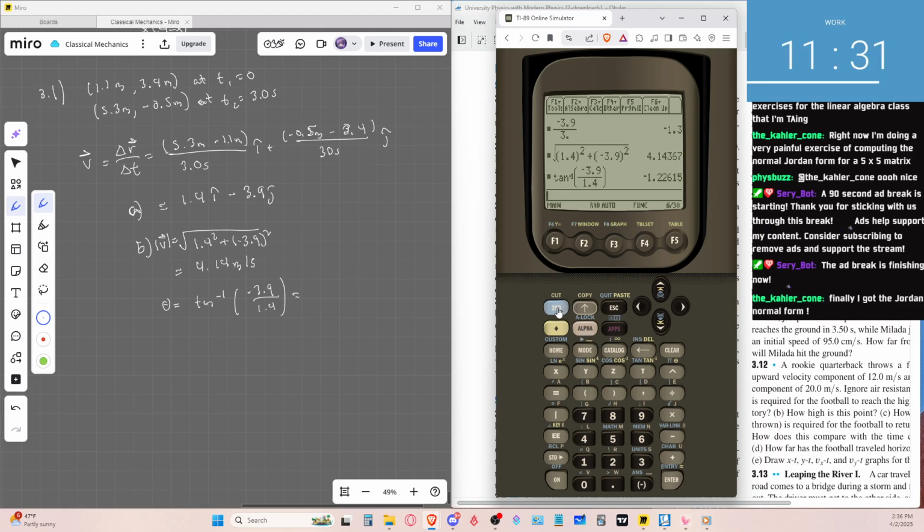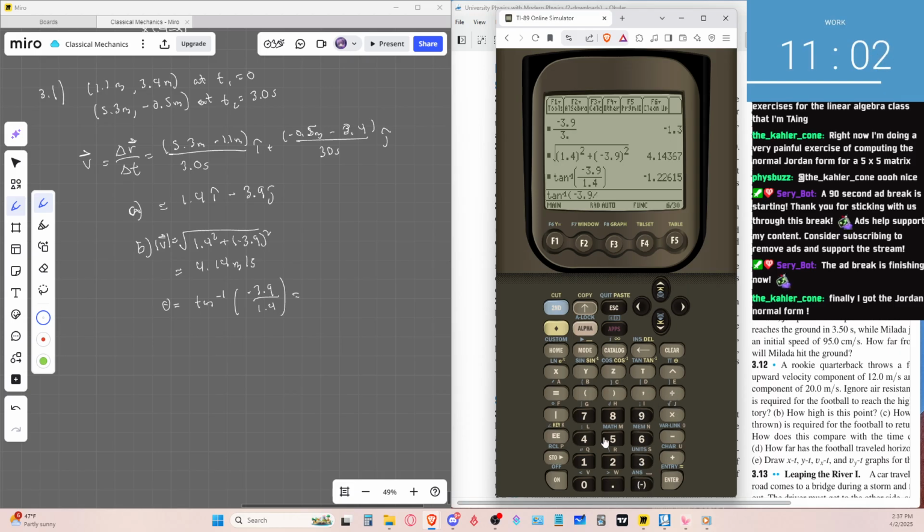Change this in degree mode. Mode. Yep, it's in radians. I thought so. I was like, that doesn't look right. Okay, so let's do that again. It's -1 radian. I'm like, no, that's not what I wanted.